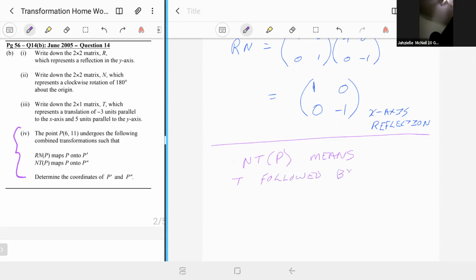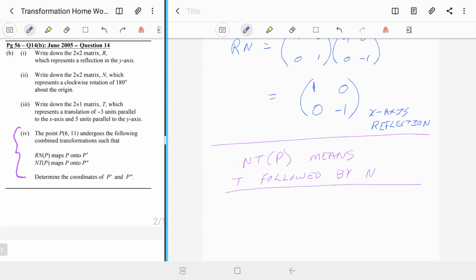So I'm going to put the T first and then the N. Important: anybody who does the N first is dead. You have to know that NT means T followed by N, and you have to do T first. So starting at P, T is a translation.